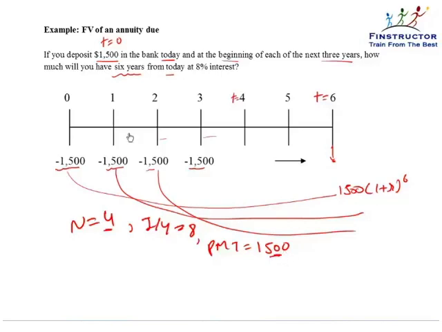But we know that the 4 payments are not coming at the end of the year. So before I compute, I will change the mode of the calculator again back to the begin mode to tell the calculator that the 4 payments are coming at the beginning of the 4 years.